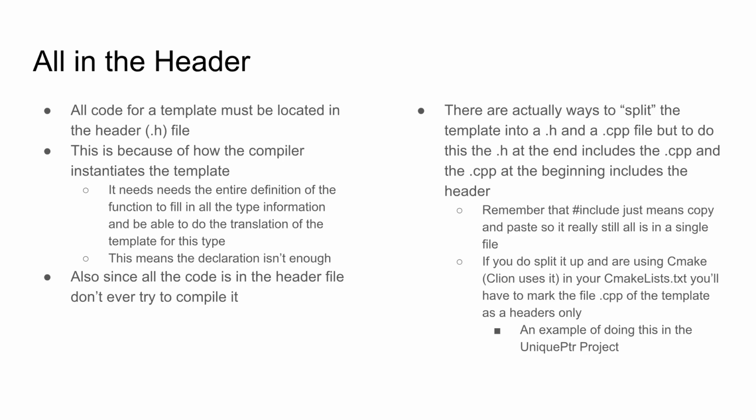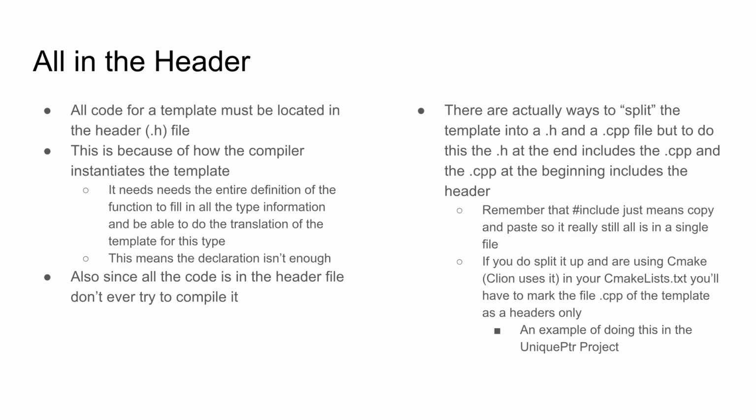What code should I be writing? Don't compile it. You can split your program into a .h and a .cpp like you've seen before. But you wouldn't ever compile that .cpp file, because it just contains header code. It would just allow you to do that split so things look nice.